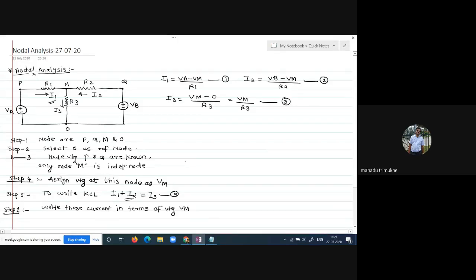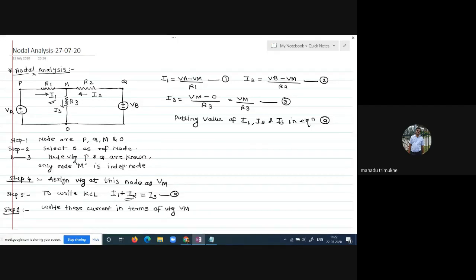So whatever values we are getting for I1, I2 and I3, we have to put them in equation number A. Means we have to put all the values in equation number A. So what is our equation number A?